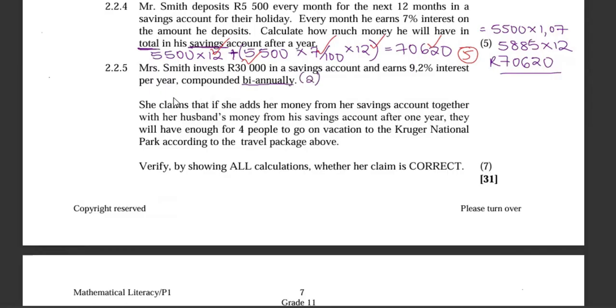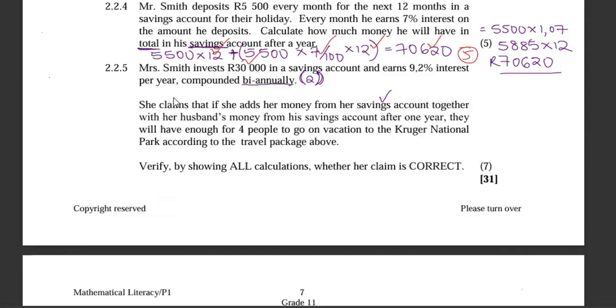In 1 year, she gets interest twice. Okay, she claims that if she adds her money from her savings account together with her husband's money from his savings account, the one that we've got from the previous question, after 1 year, they will have enough money for 4 people to go on vacation to Krugersdorp.